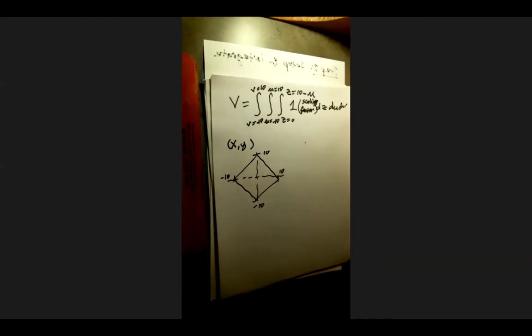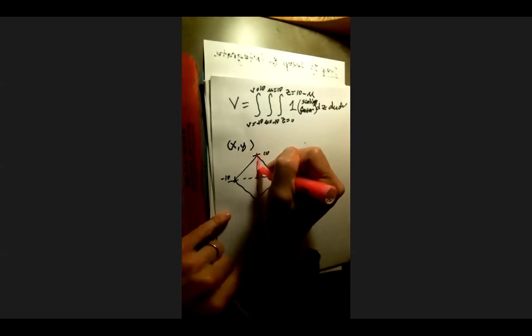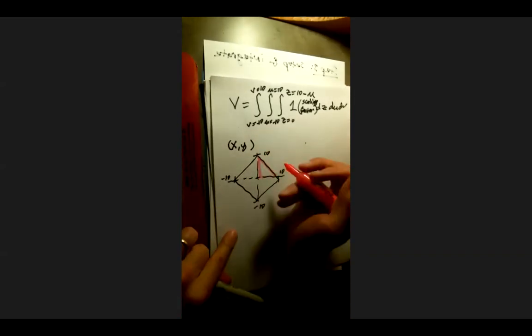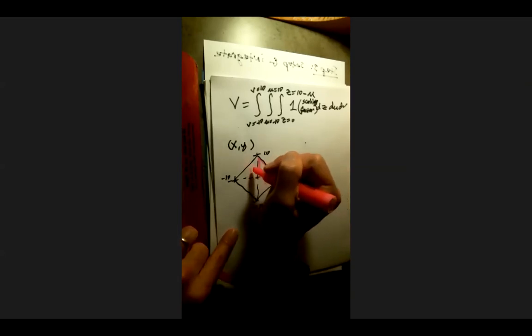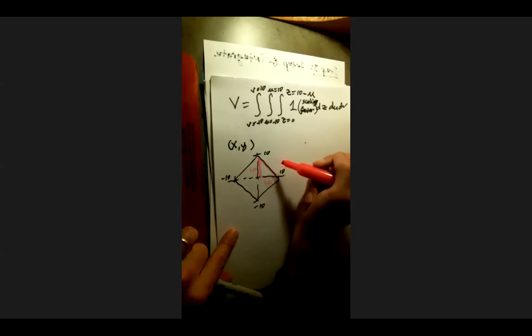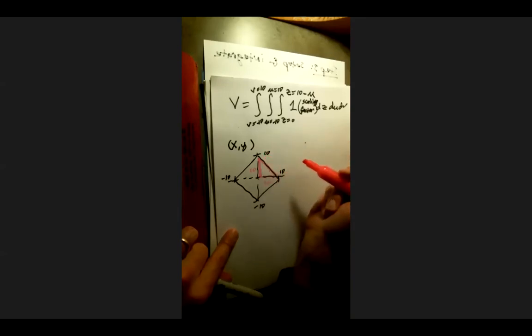So if you focus in on just one triangle here, what are the two lengths that we know? I think we know that the base is 10, the height is 10. So what's going to be the hypotenuse of this triangle?